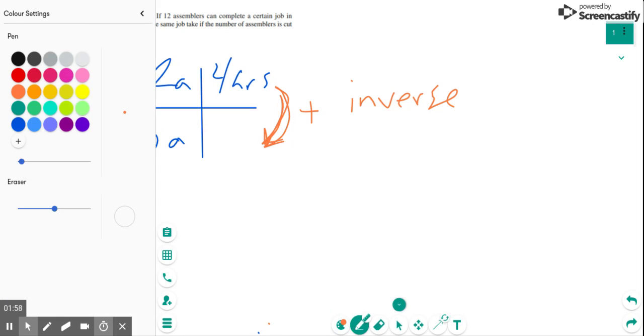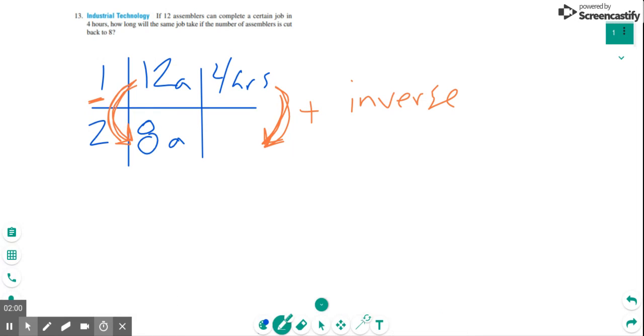Now, to set up an inverse proportion, first I'll just begin setting up a proportion to equal ratios. The important thing to remember with inverse is the units in each ratio need to match. So if I put 12 assemblers here, I need to keep the other assemblers with it in the denominator.